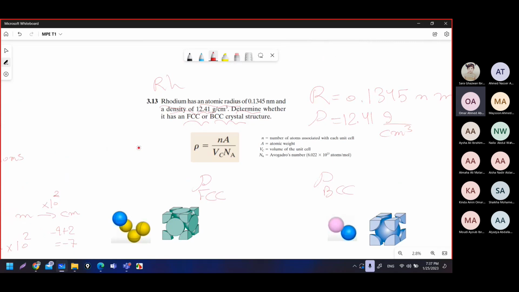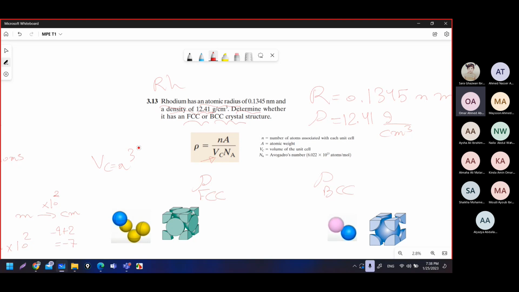The only difference will be that the VC will change, because we know that we obtain a relation between R and a for FCC different than the one for the BCC. So of course, if we say that VC is equal to a cubed, the value will be different for FCC and BCC.